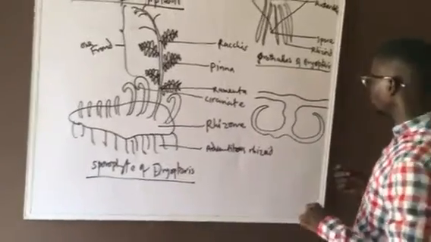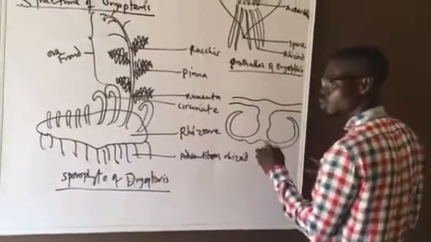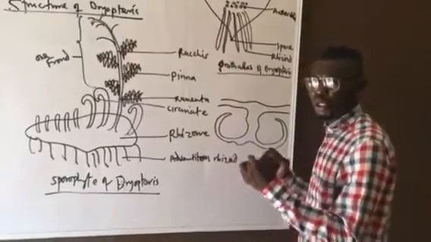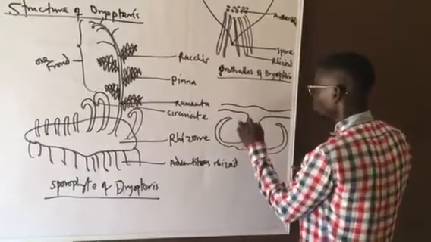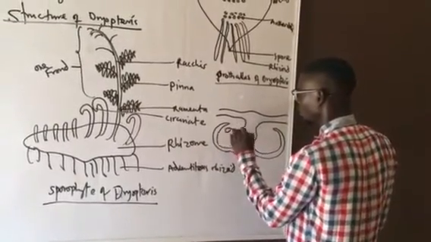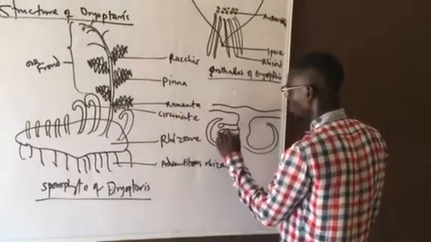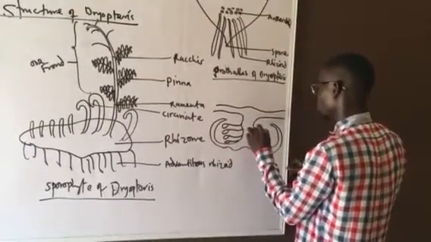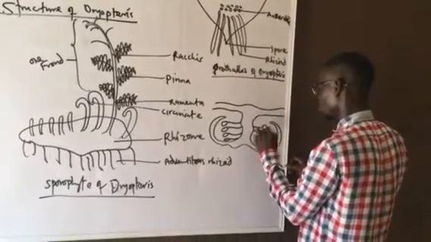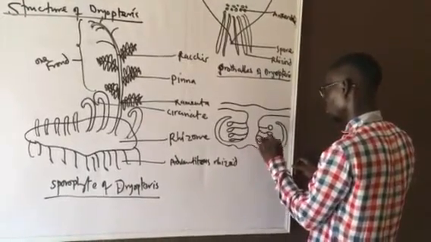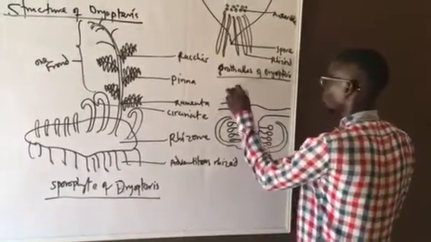When you take the sori out, this is the structure of the sorus, and inside the sorus there is a sporangia. So we have the sporangia like this. So this is the structure of the sorus.